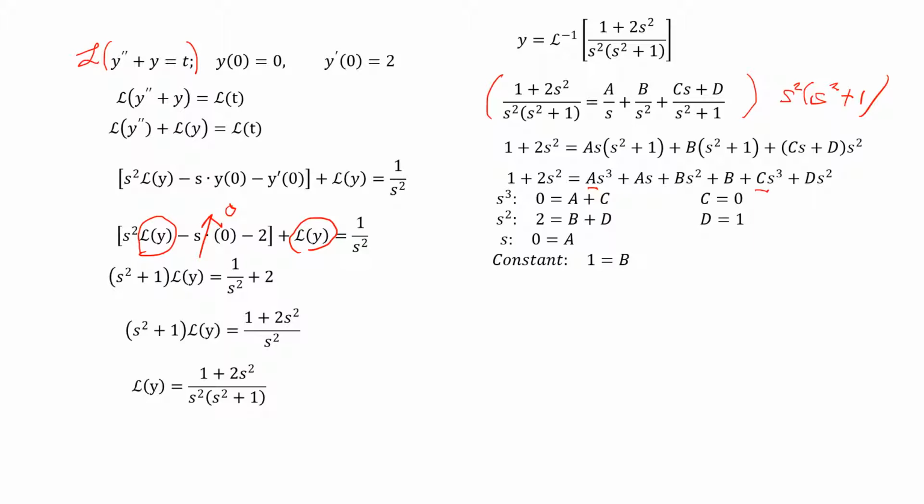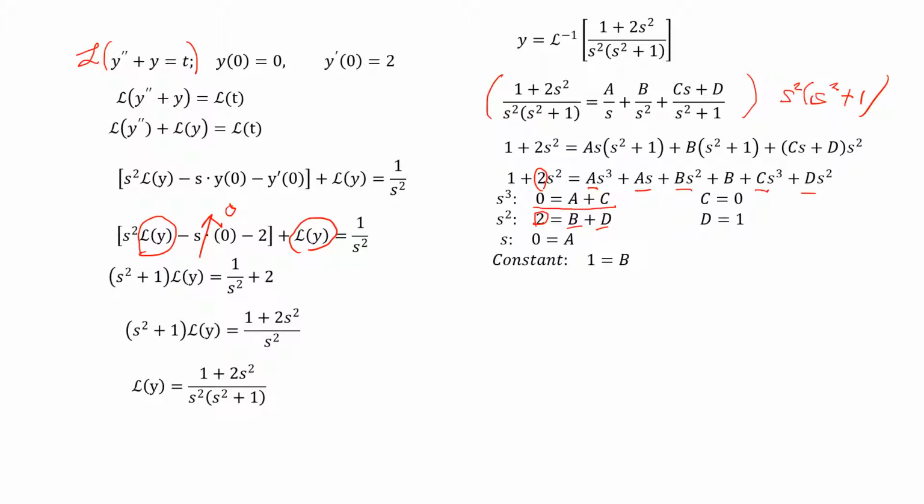There is no s cubed on the left side, therefore a plus c is 0. For s squared, you have b plus d equal to 2. That's the second equation.